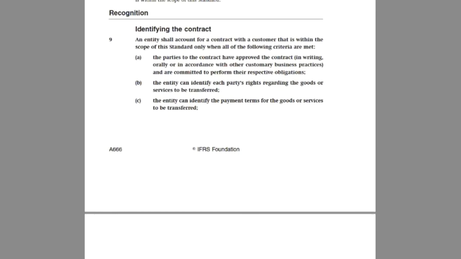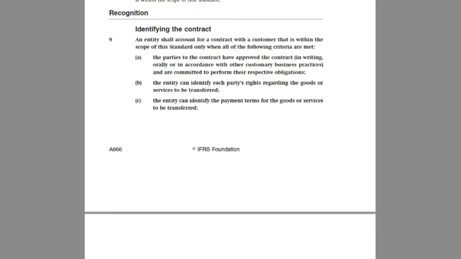When answering a theory question, the first thing you need to do is identify the theory in the standard, the most relevant theory applicable to answer the required. What they asked us is, is this a contract? The agreement between Tesla and the South Australian government, is it a contract in terms of IFRS 15? So paragraph 9 in IFRS 15 is applicable.